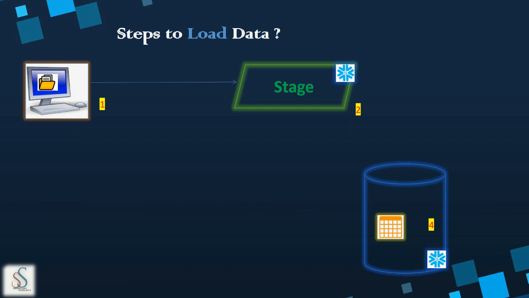A stage is nothing but a temporary landing location for our file in the Snowflake. So using the put command, we will put the file into the Snowflake stage, and later on we will use a copy command to load the records from that staged file into the Snowflake table.